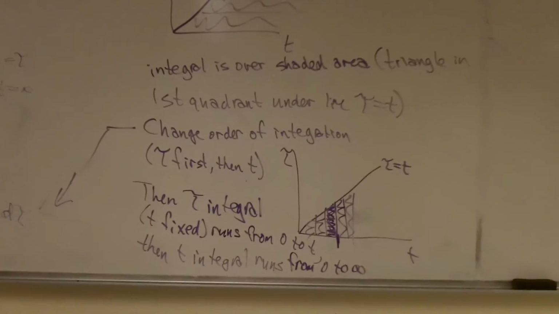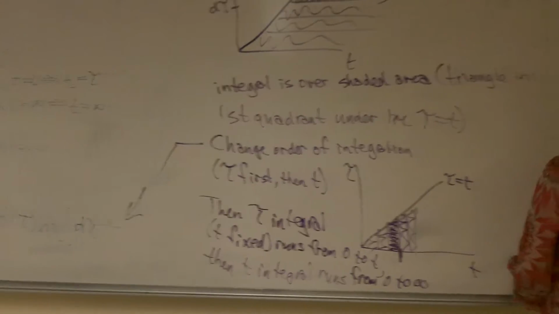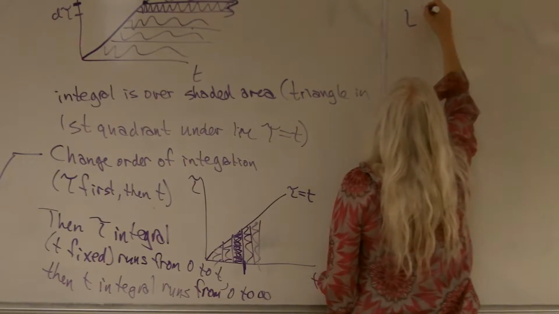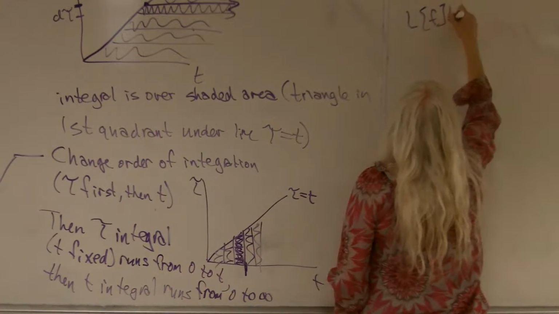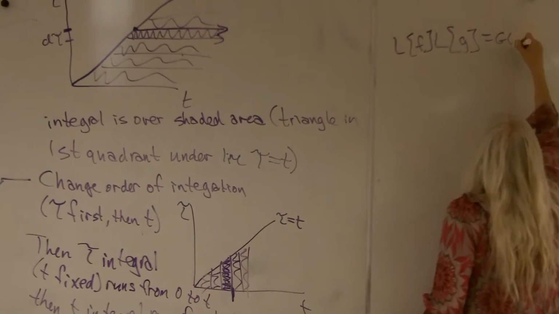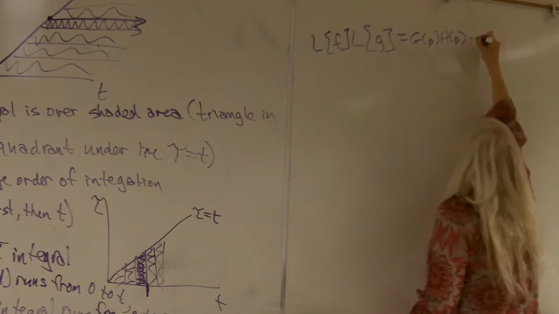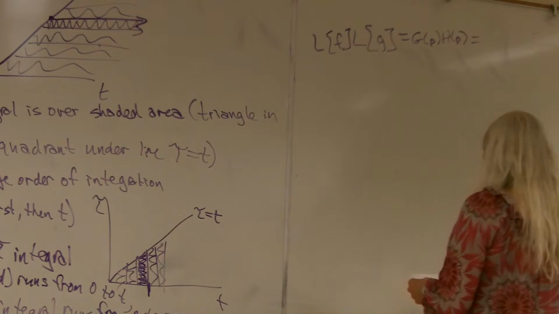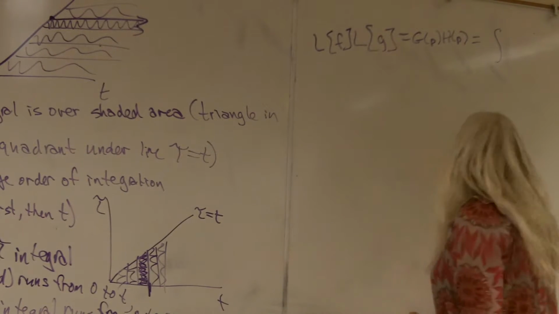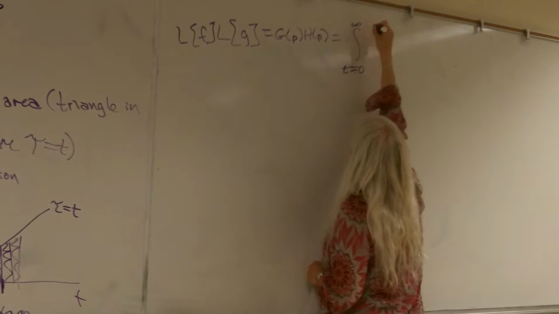Okay? So, let's write our expression after we've done that change of order. The Laplace transform of f times the Laplace transform of g. In other words, our function capital G of p times capital H of p will now be equal to, right, the second integral, the one I'm going to leave outside, is for t, and we said it's going to run from 0 to infinity.